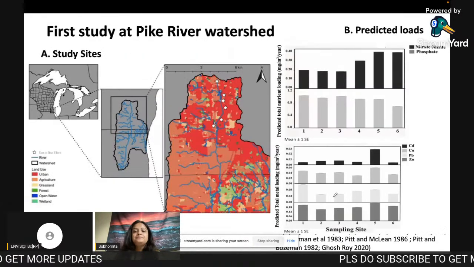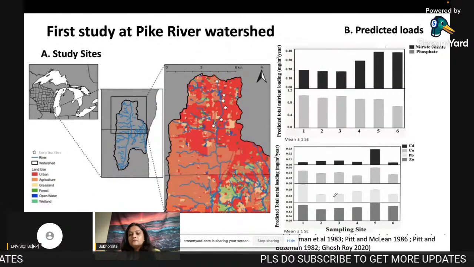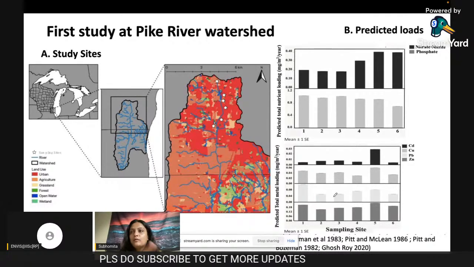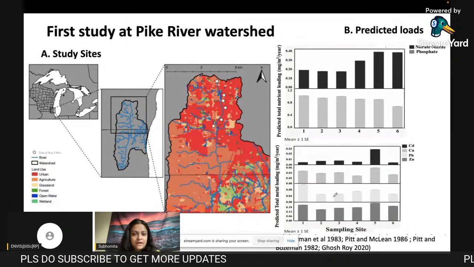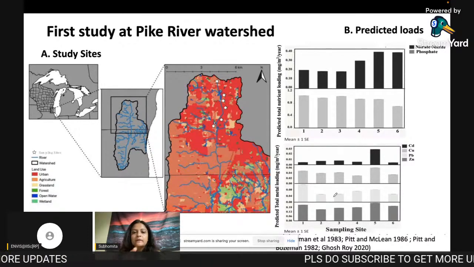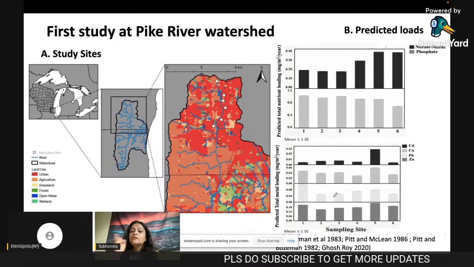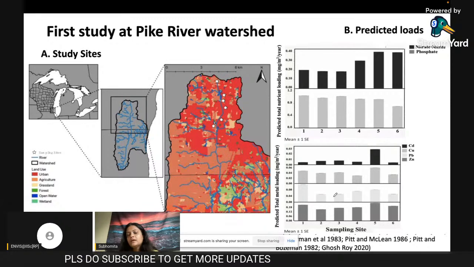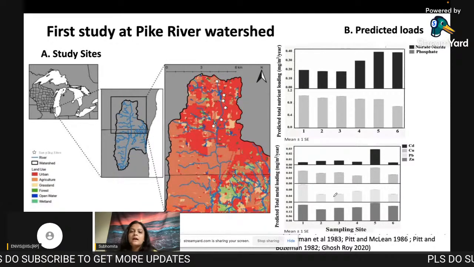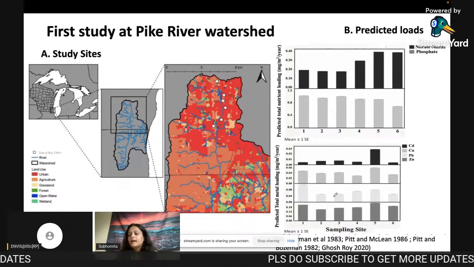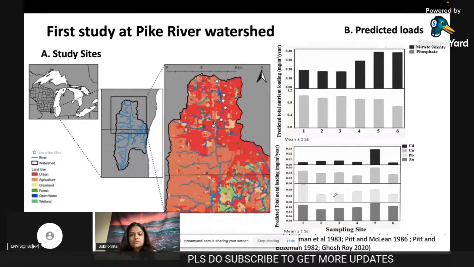Then I did a literature review of studies with similar land use types, which are not very far from this location, but not exactly this location. So I found some reference points there, extrapolated their pollutant loads onto these wetland sites, and calculated some possible predicted loads just to give us a reference idea.